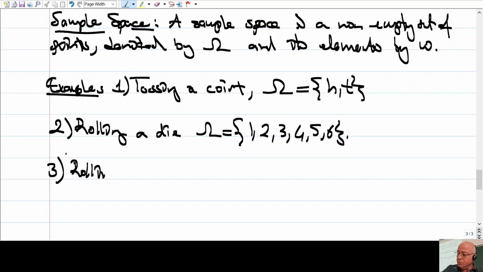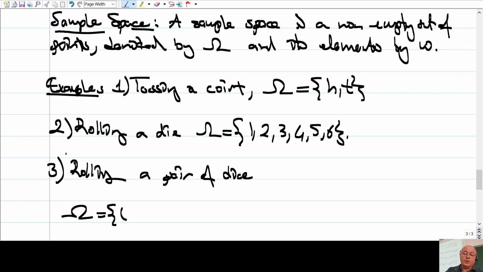If you roll a pair of dice, then our sample space will be what? You roll two dice, so you may have (1,1), you may have (1,2), you may have (1,6). Here this entry represents the first die and the second die, because you know which one is the first one and which one is the second one.